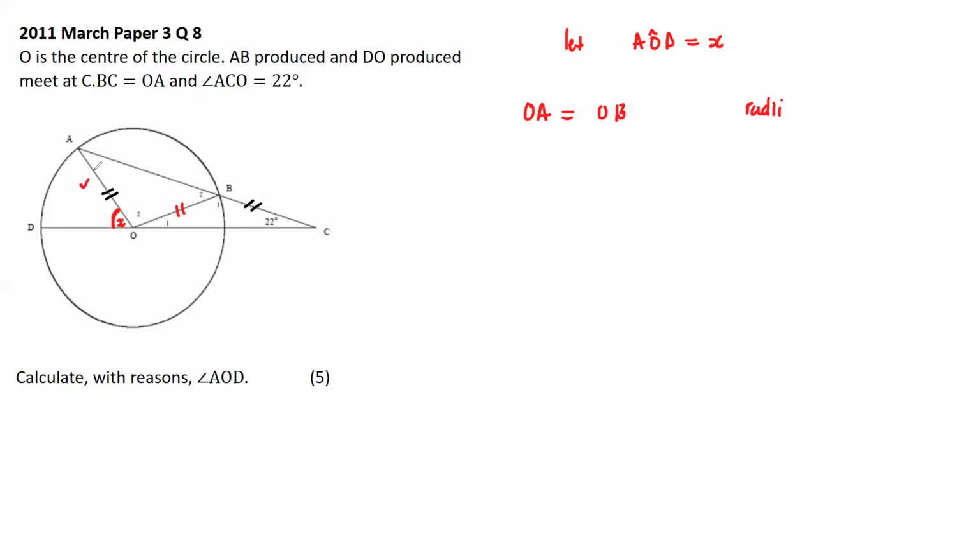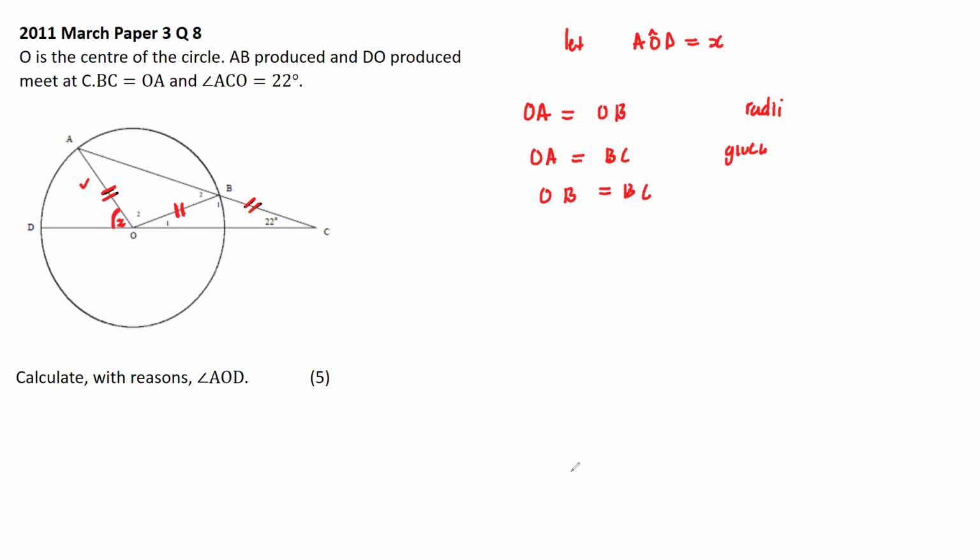So this one is equal to that one, and this one is equal to that. So everyone is equal now because they're all equal to each other. So I'll just write and say OA is equal to BC, we're given. So it means, therefore, OB will be equal to BC.